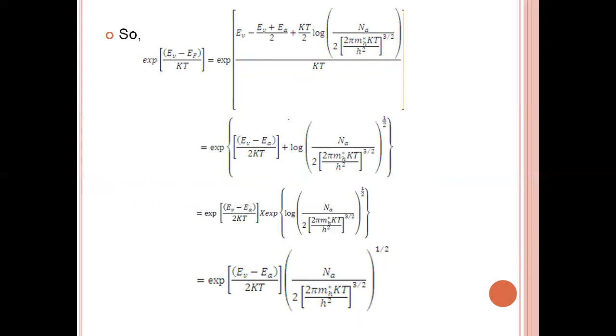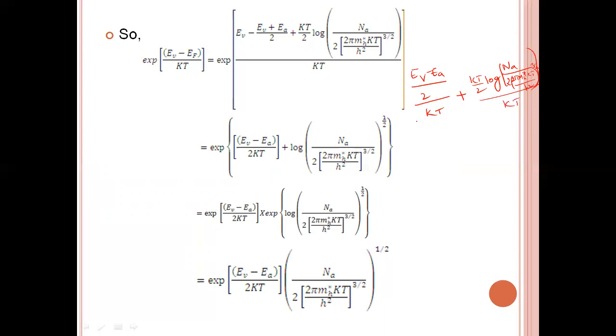So EV by 2 minus EA by 2, separating the terms, divided by KT, plus KT by 2 log NA by 2 into 2 pi m h star KT by h square power 3 by 2, divided by KT.